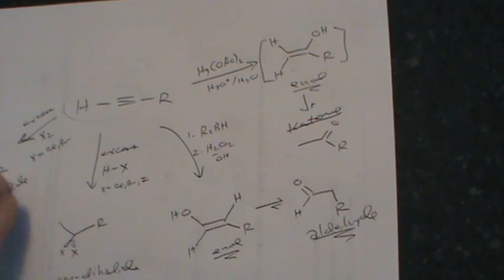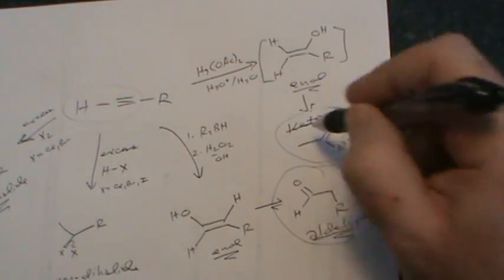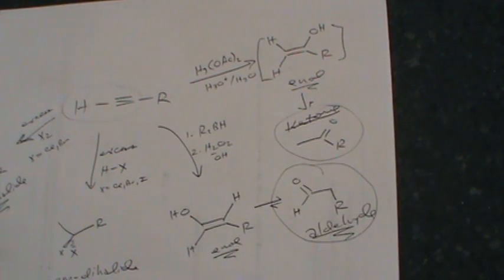You'll see these reactions again. Right now, I'm not worried that you know the mechanism for that conversion from enol to aldehyde. I just want you to recognize how to show formation of the corresponding aldehyde or ketone structures starting with their corresponding enols.